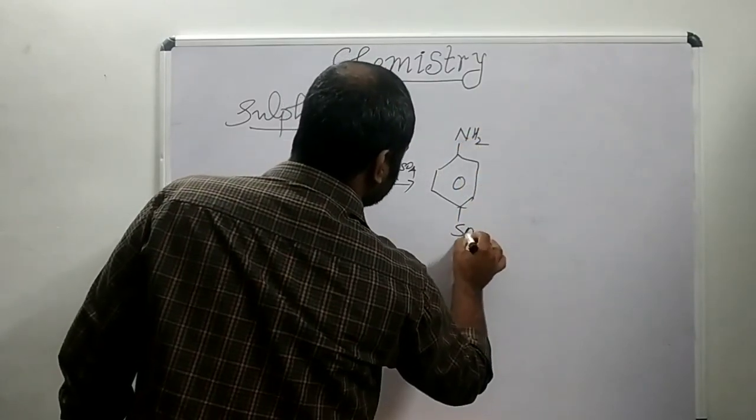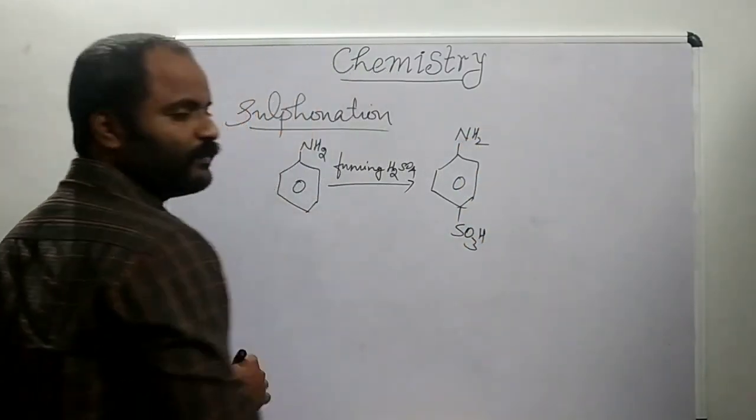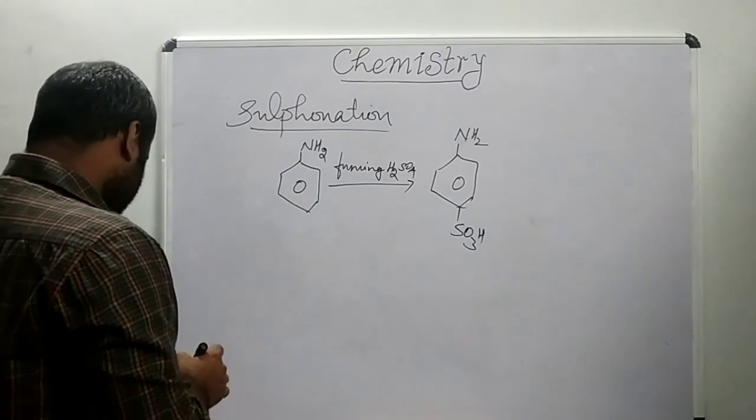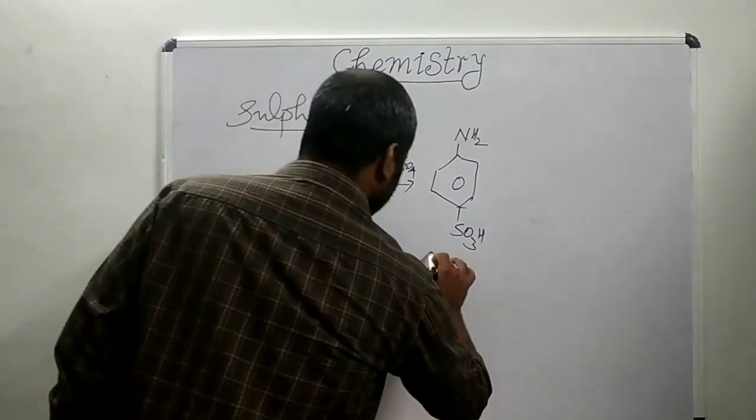That means SO3H is attached at the para position. It is known as para-amino benzene sulfonic acid.